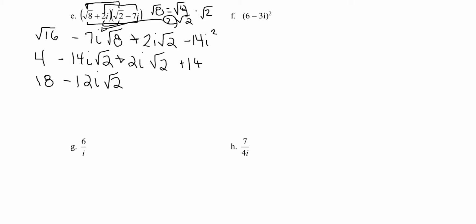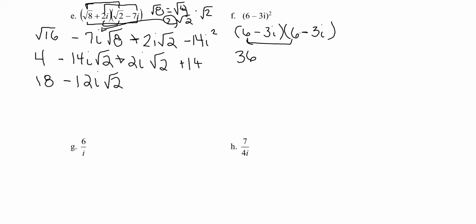For F, it is 6 minus 3i squared. So I'm going to write it out because we're squaring the binomial, so we're going to write it twice. And we'll start with 6 times 6, so we get 36.